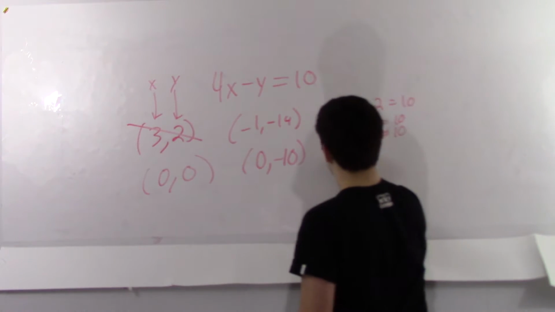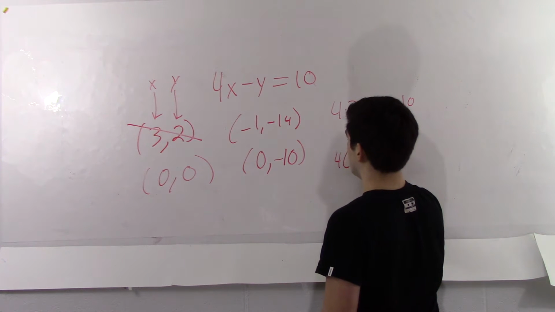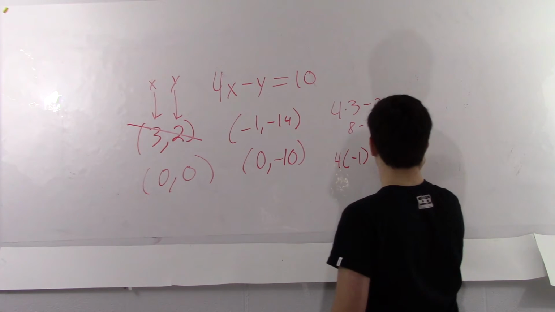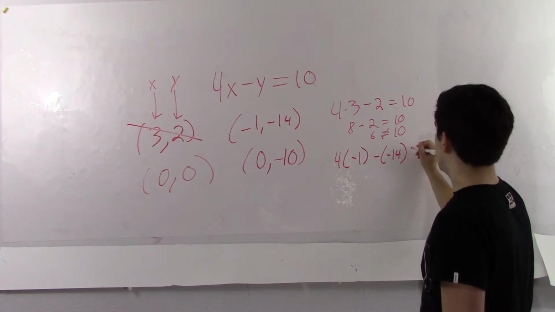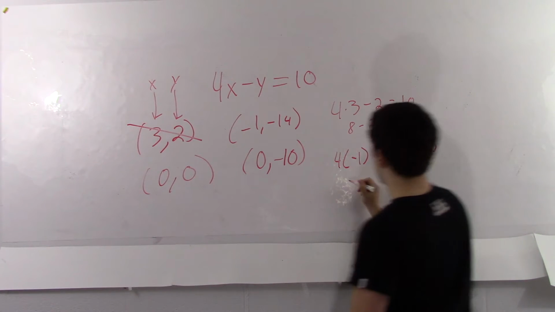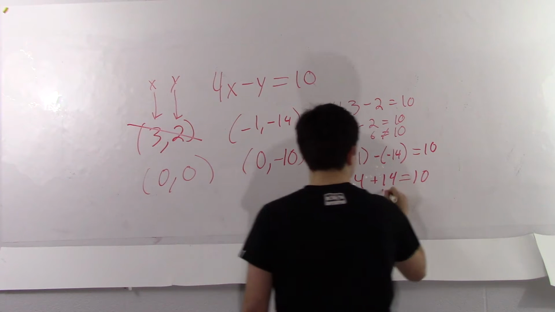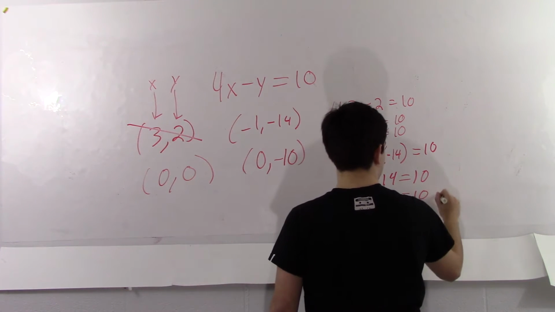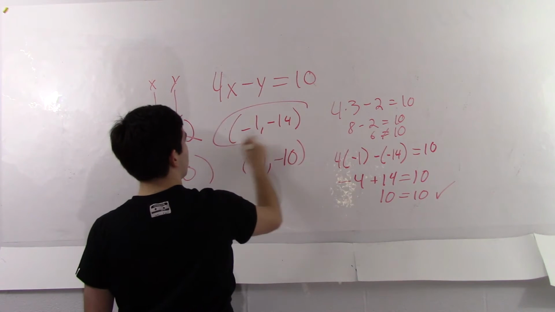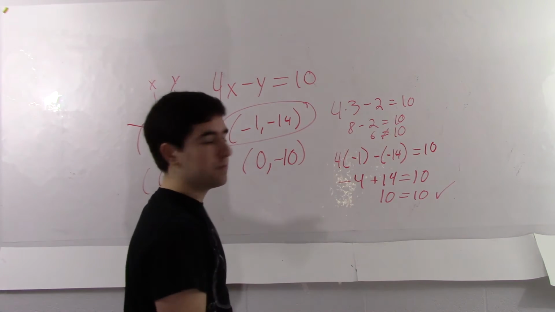If I have 4 times negative 1 minus negative 14, which really means plus 14, equals 10. Negative 4 plus 14 equals 10. 10 equals 10. Therefore it works. This is an ordered pair that is true.